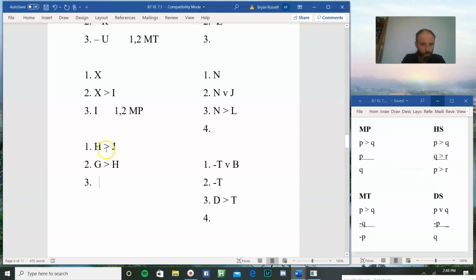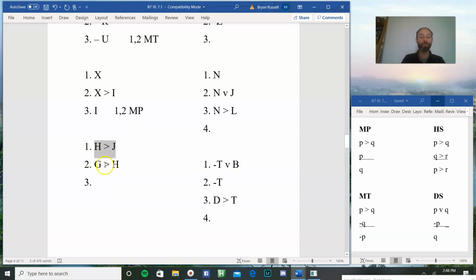So here we have two horseshoes, and here the antecedent is an H, and the consequent is an H. So what we know is if G then H, and we know if H then J. So we know if G is the case, then that works through H, and J is eventually the case.